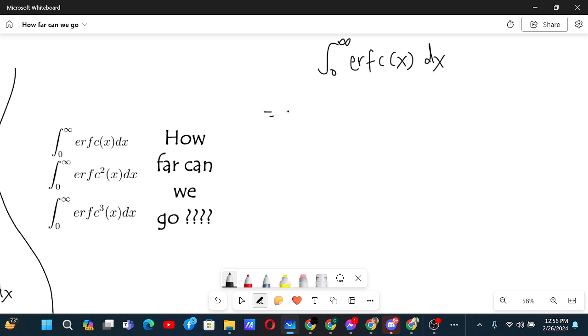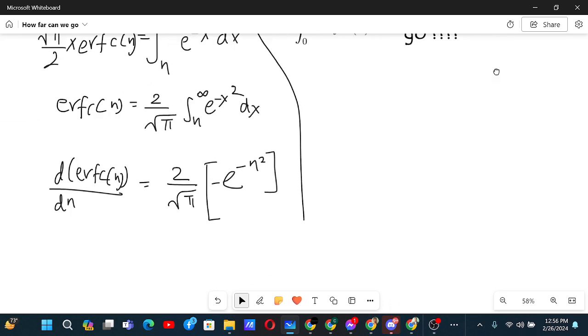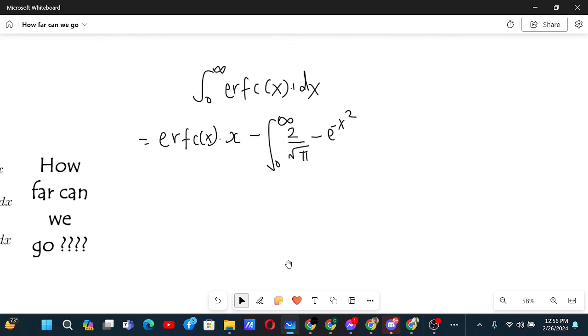The function will be as it is, and then we will have x as the integral of 1, minus the integral from 0 to infinity. The derivative of this function is 2 by root pi times minus e to the power minus x squared. I derived it earlier. And then the integral of 1 is just x dx.